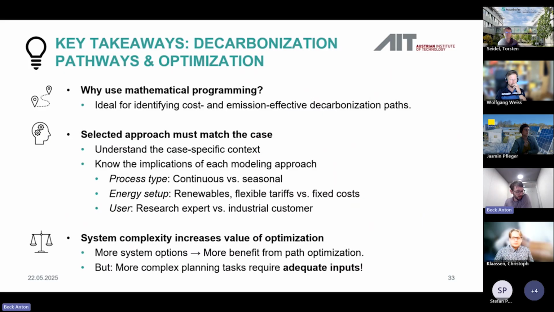And also another question, since some of those approaches we have implemented in web-based applications, it's also the question, who is the user? What types of input can you expect from the user? And then usually the more simple model is preferable because the threshold of input generation is too high for a non-expert user.